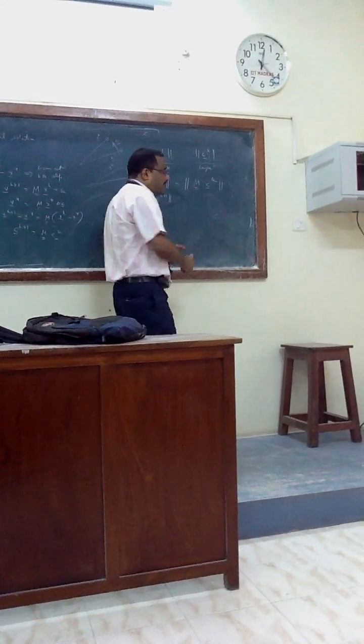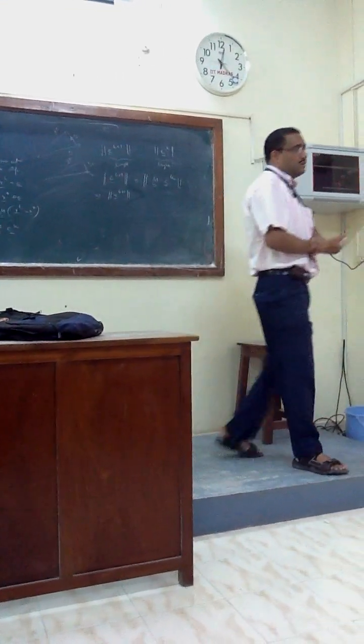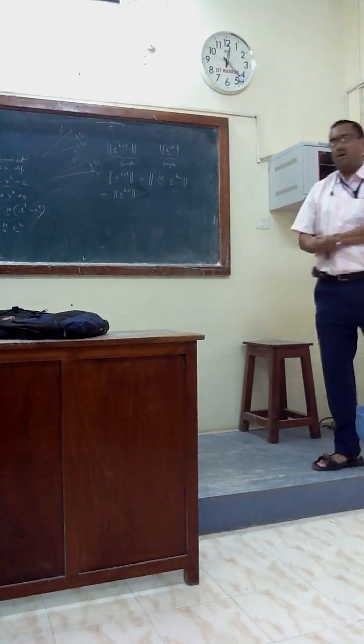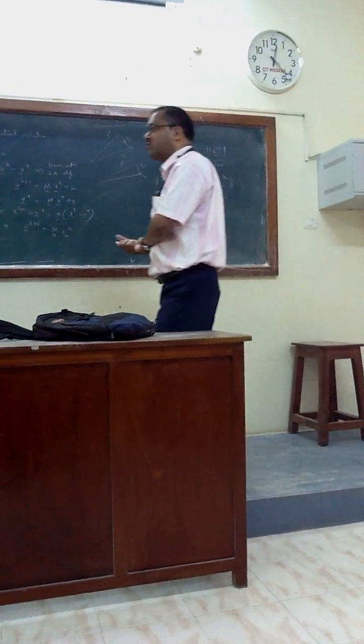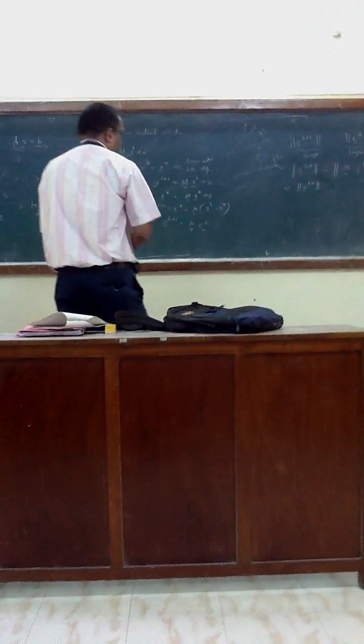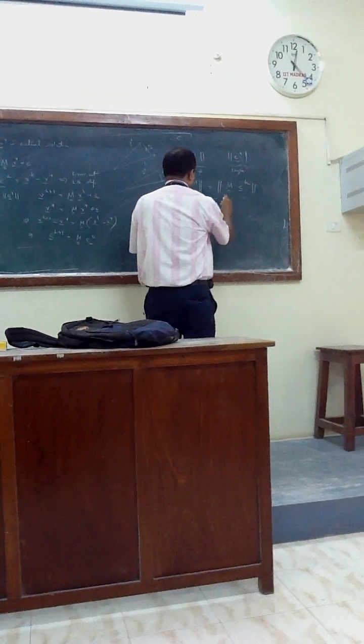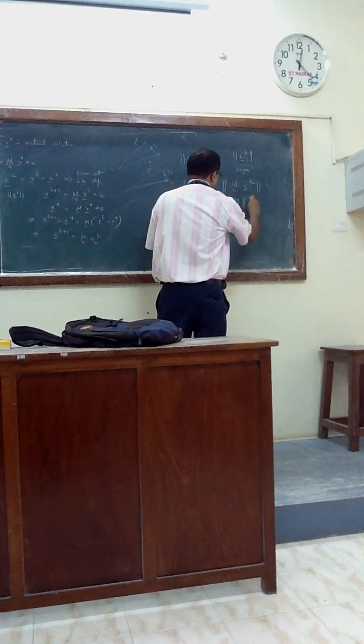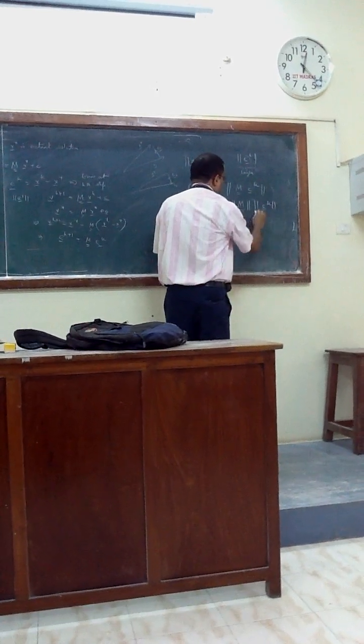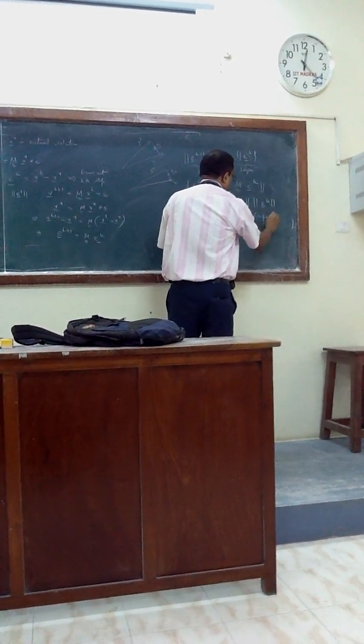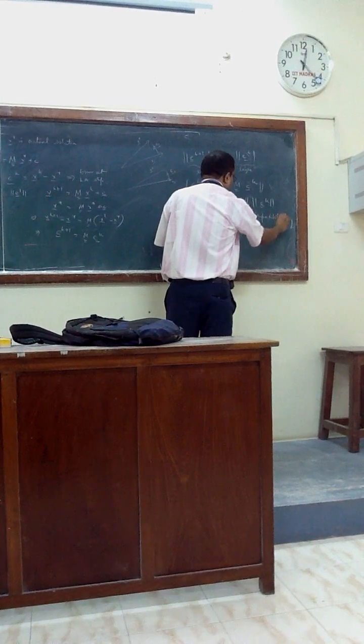So what will happen if I apply the compatibility property? The compatibility property says that the norm of Ax is less than or equal to the norm of A into the norm of x. Right? So it will be less than or equal to, am I correct? It is the compatibility property.